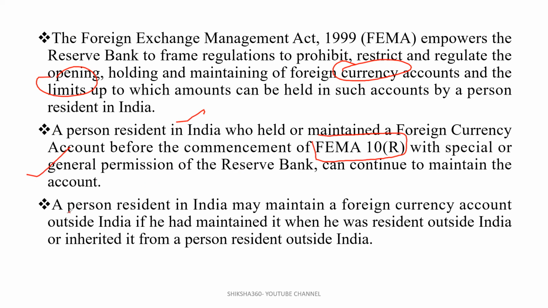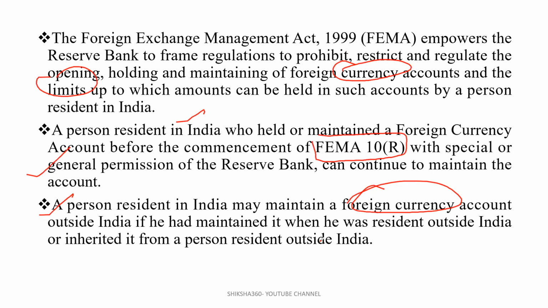So a person resident in India may maintain a foreign currency account outside India if he had maintained it when he was resident outside India, or inherited it from a person resident outside India. Clear? That is, from a family member.